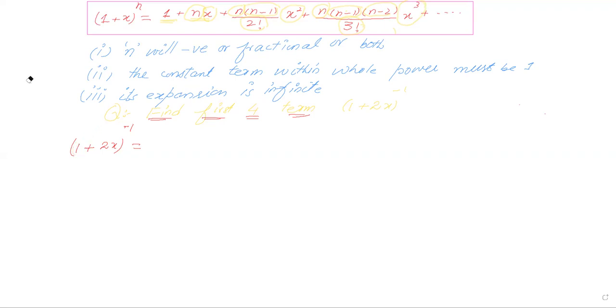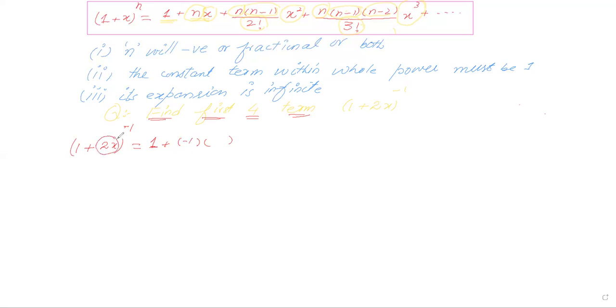How will you apply this formula? I will make the spaces and we have to fill these spaces step by step. First of all, you have to write the 1 according to the formula. Then I have 2 spaces. The first space is this one. The second space is this one. What is the second term over here? That is nx. N means the whole power, that is equal to minus 1. X means the second term.